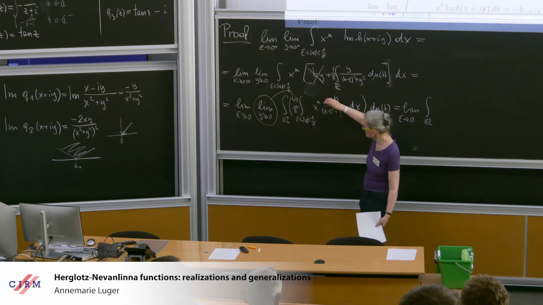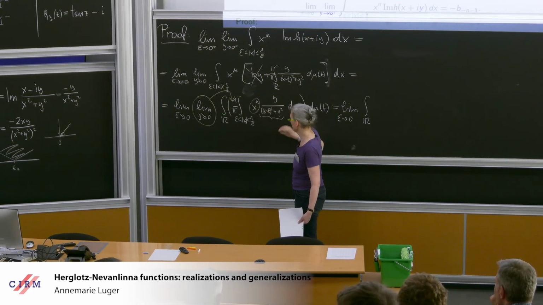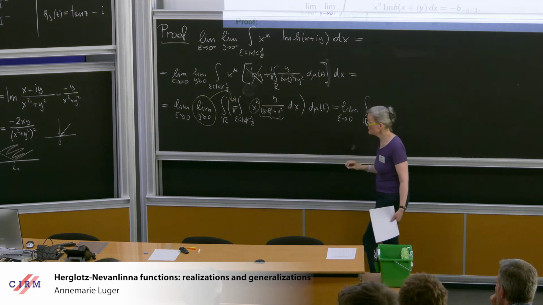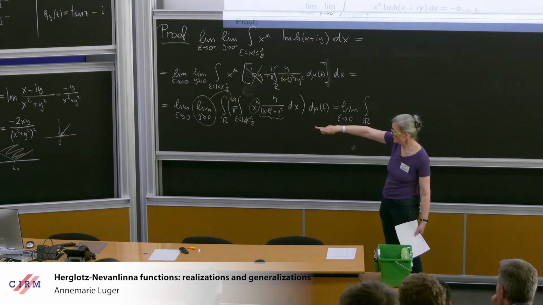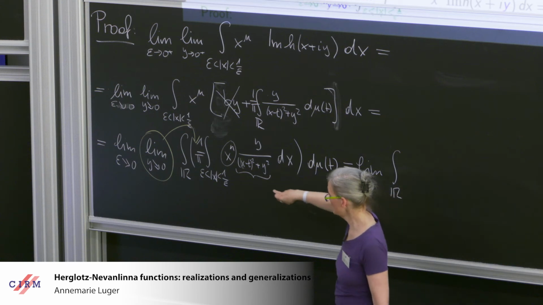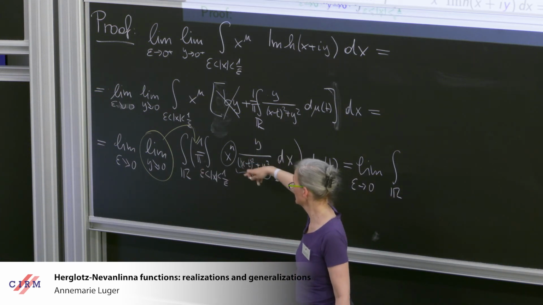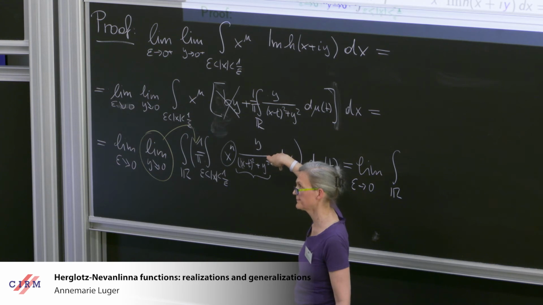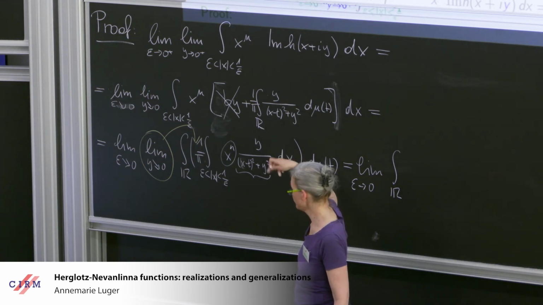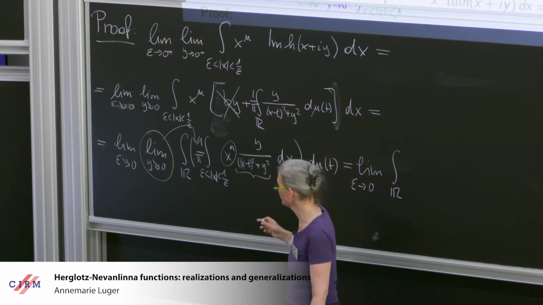So what you have here is a function, and then you have this kind of kernel here. And then you integrate against it, and then take the limit with y going to 0. And here together with this pi, this is a kind of approximation of the identity, precisely.